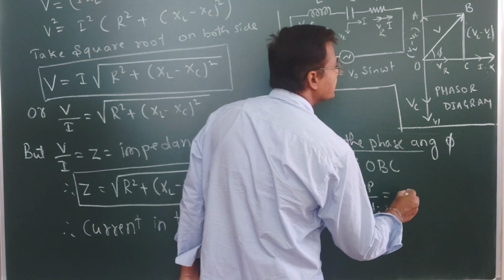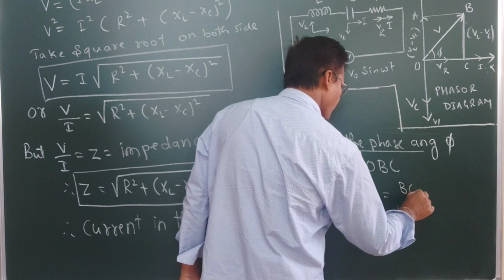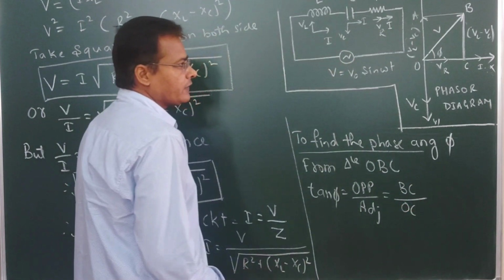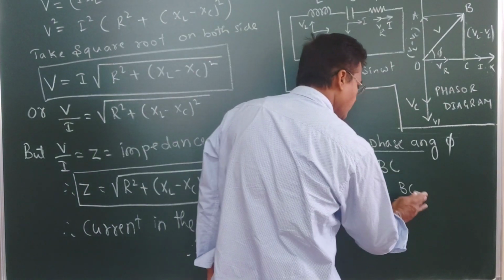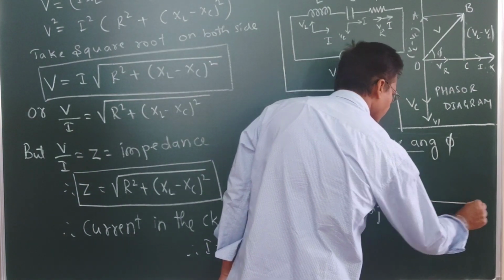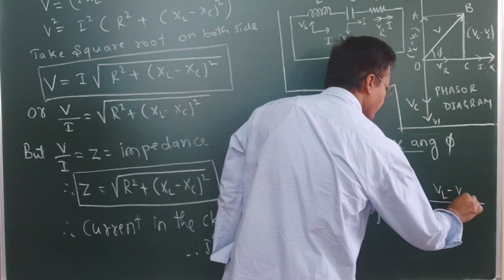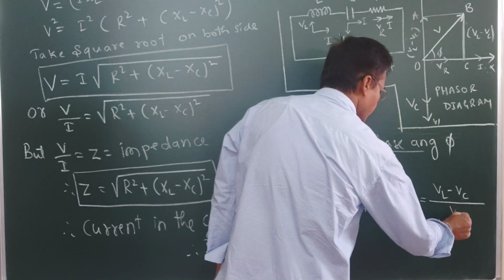Opposite is BC divided by OC. So BC is VL minus VC, divided by VR.